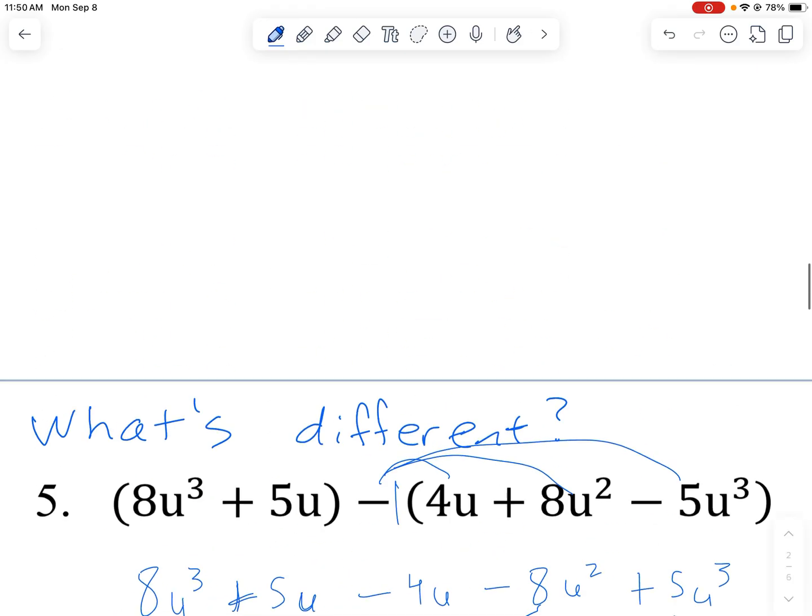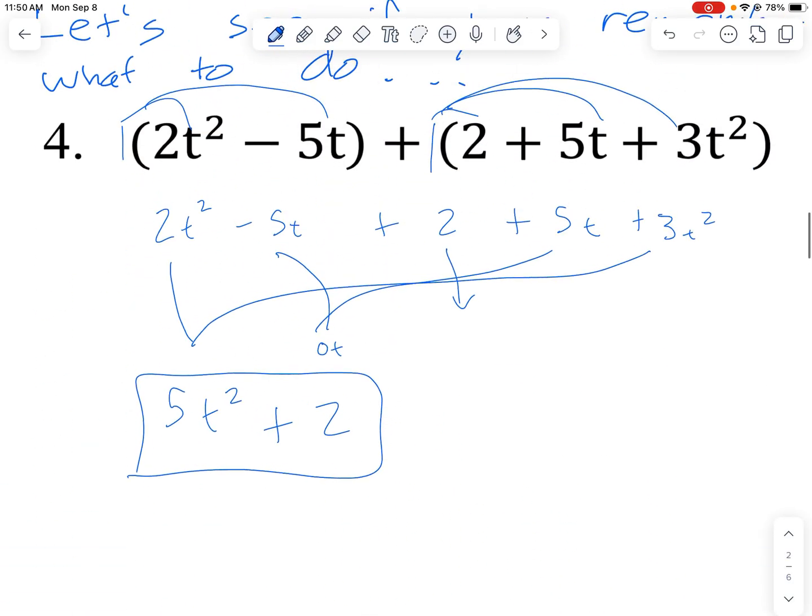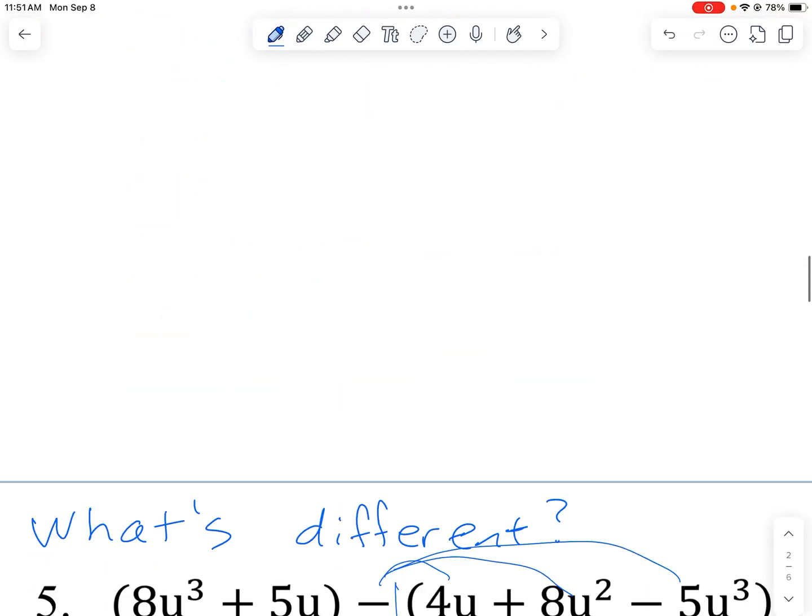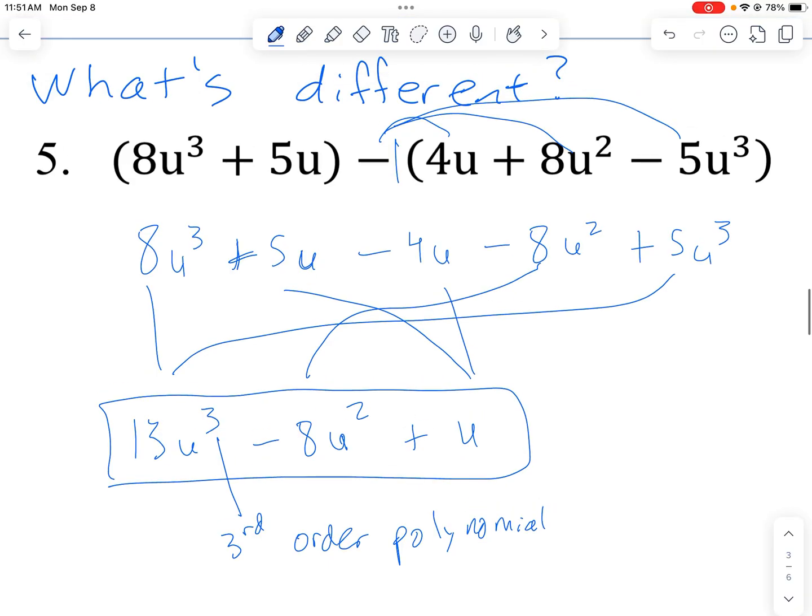If we look at the one we just did back here, this result only has 2 terms, whereas this had 3 terms at the beginning. It doesn't matter how many terms there are for what order or power it is. It's all about the highest power. So this is going to be a second order polynomial. So that's just a bit of things to know.